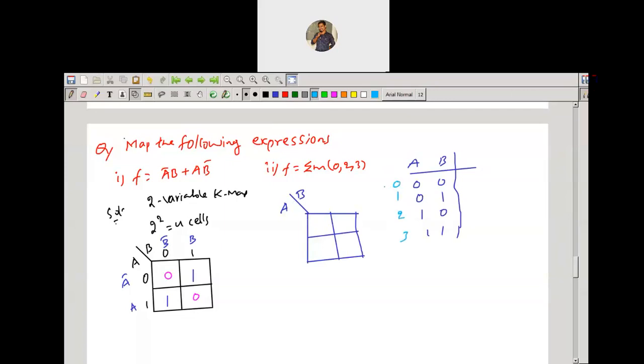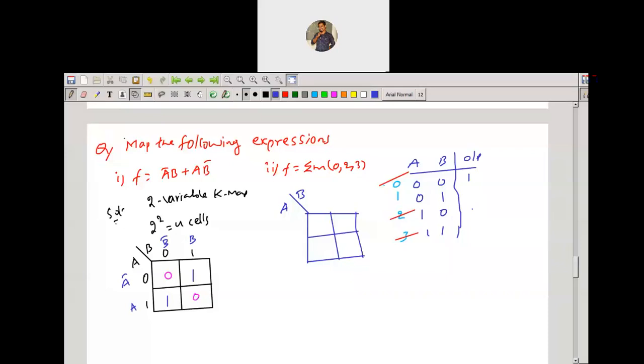So 0 is one minterm, 2 is one minterm, 3 is one minterm, right? That means you have to group the A bar B bar cell, the A B bar cell and the A B cell. So the output will be logic 1 for minterm 0, minterm 2 and minterm 3.